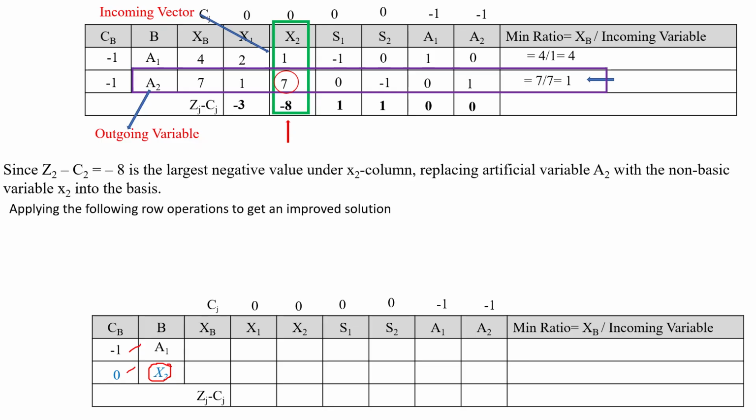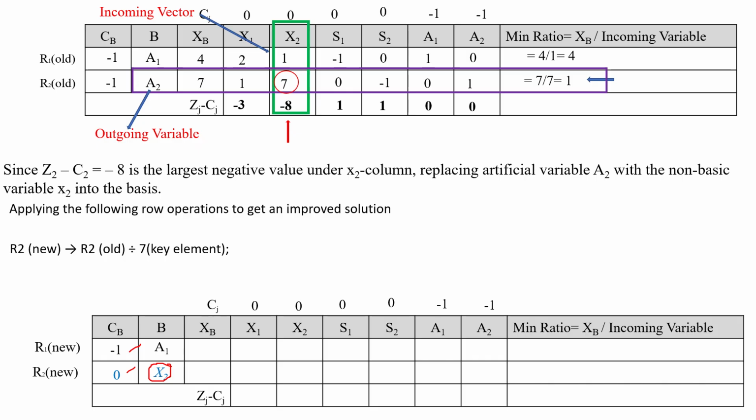Next, apply the following row operations to get an improved solution. The first one is R2 new equals R2 old divided by the key element. Here the key element is 7. R1 old and R2 old are row 1 and row 2 in the old simplex table, and R1 new and R2 new are row 1 and row 2 in the new simplex table.